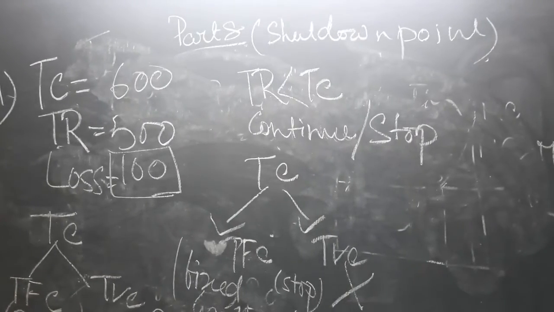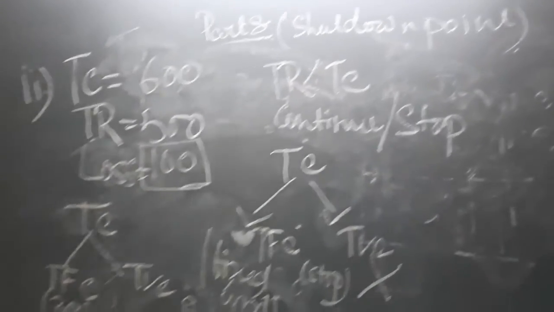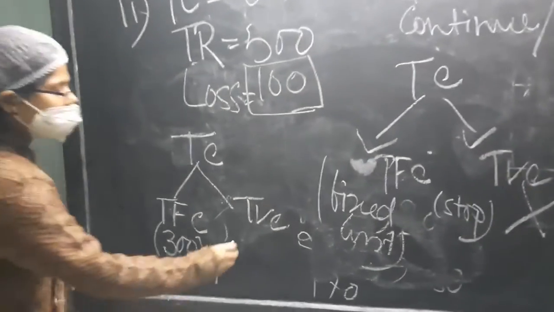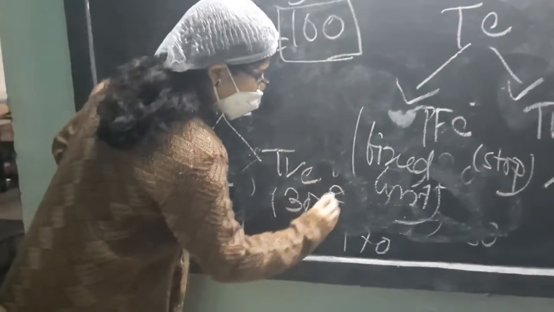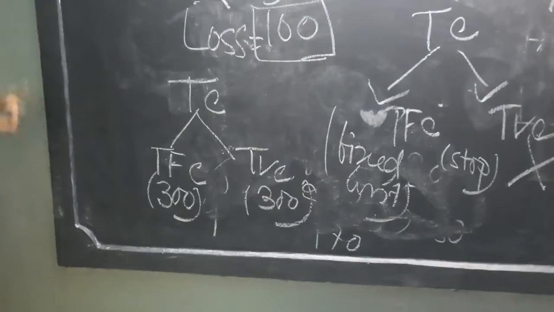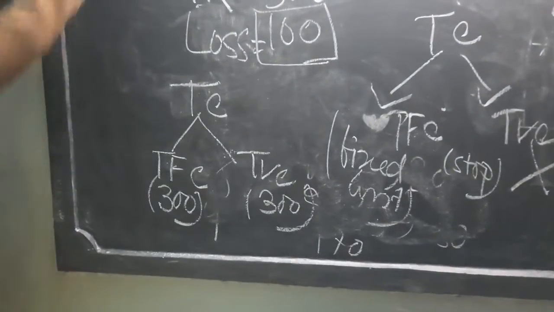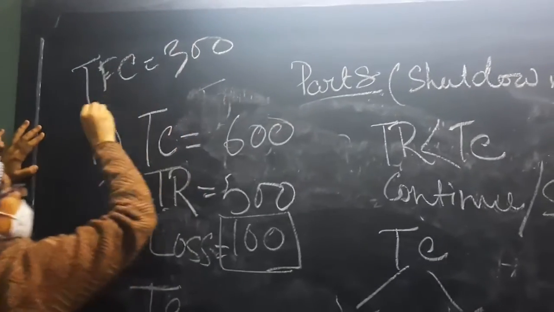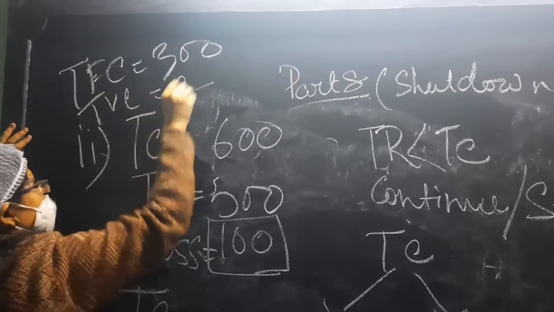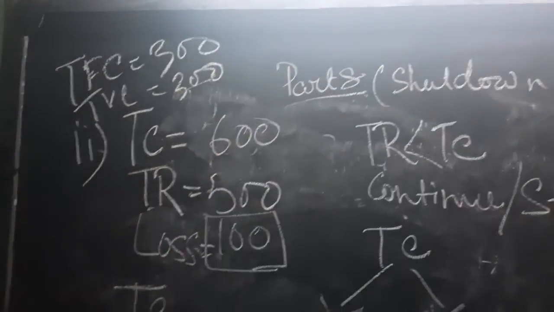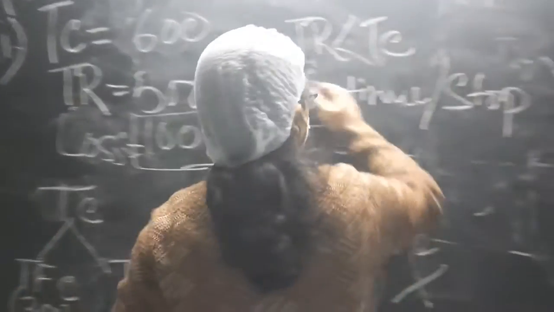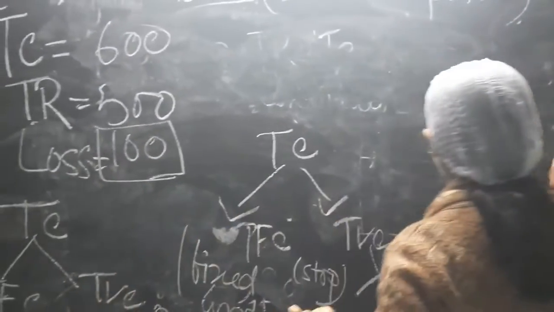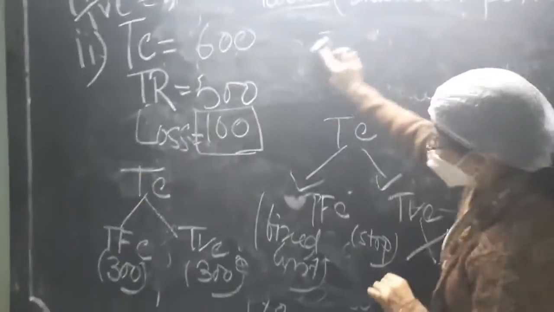Assuming that TFC is 300 and TVC is also 300. Now, if the firm stops the production, what will happen?